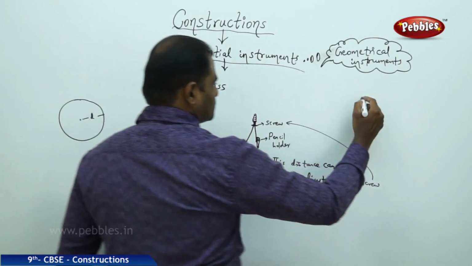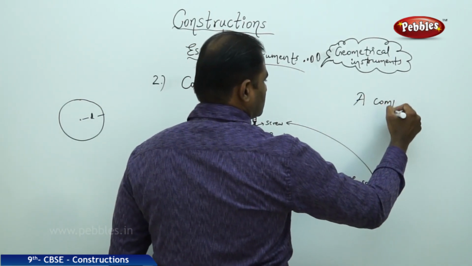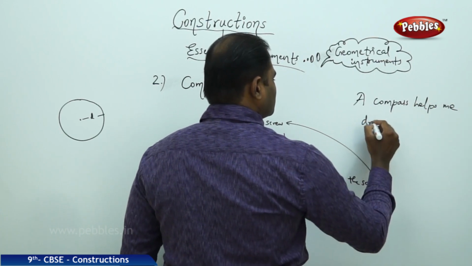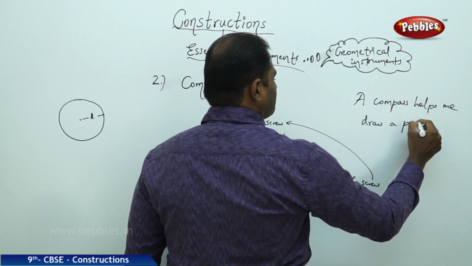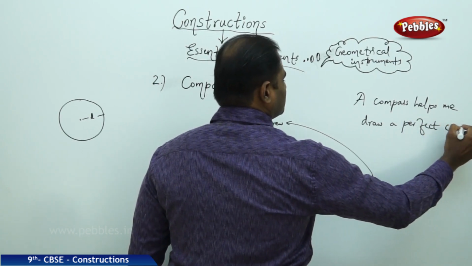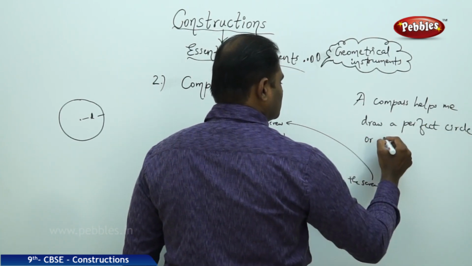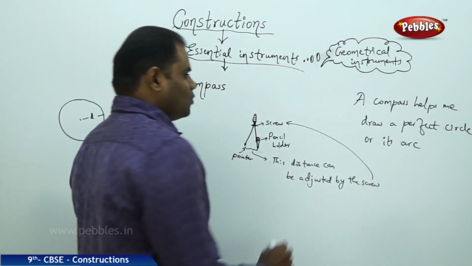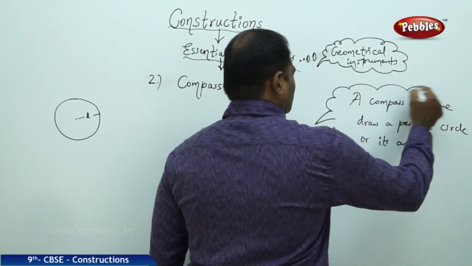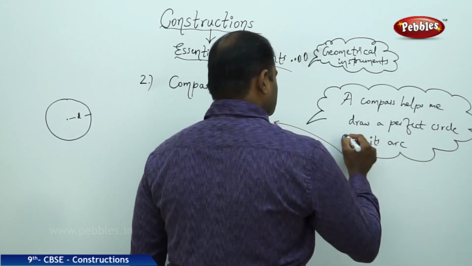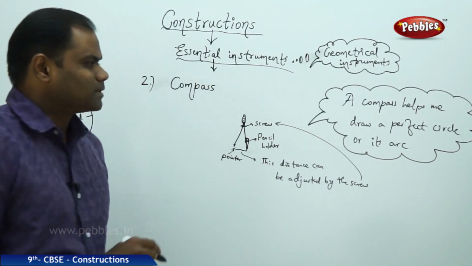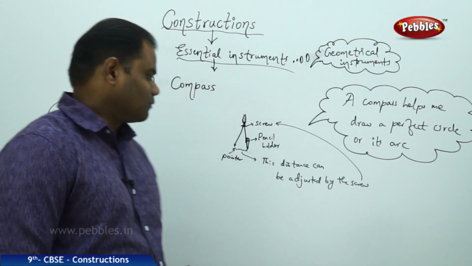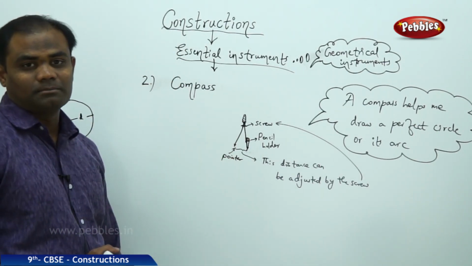So the compass helps me draw a perfect circle or its arc. Any length of the arc is what I understand through the significance of the compass. A compass helps me draw a perfect circle or its arc. That is how we understand the concept of the compass.